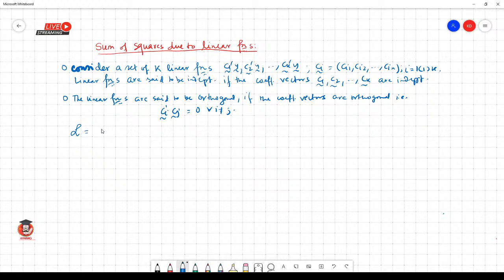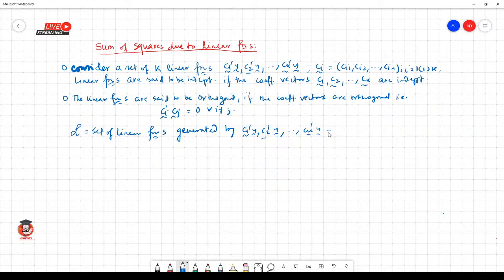I denote this by the linear set of functions, actually the set of linear functions, generated by y: c1'y, c2'y, ..., ck'y.